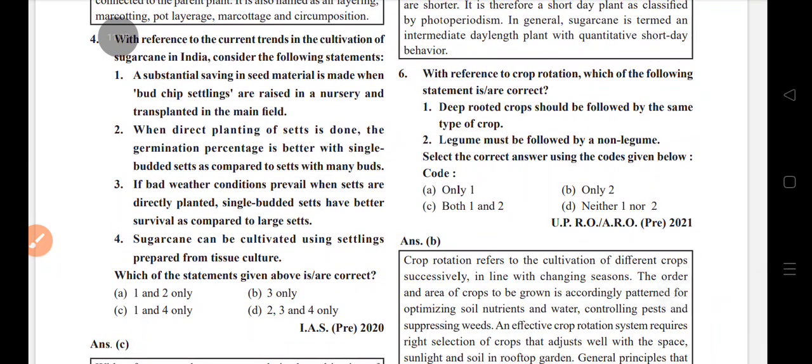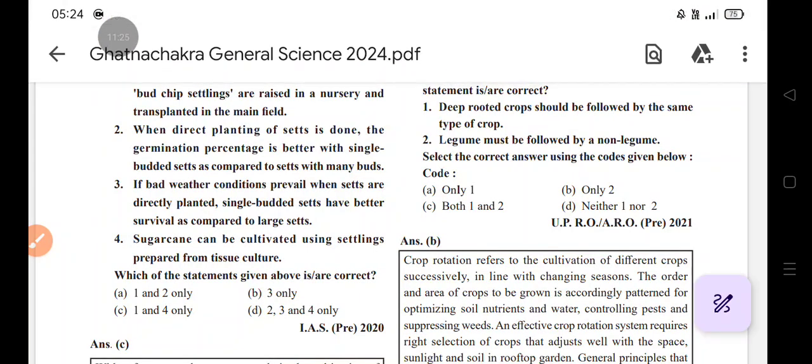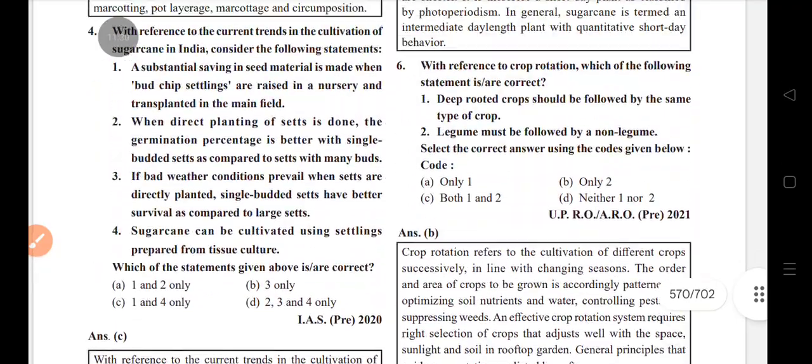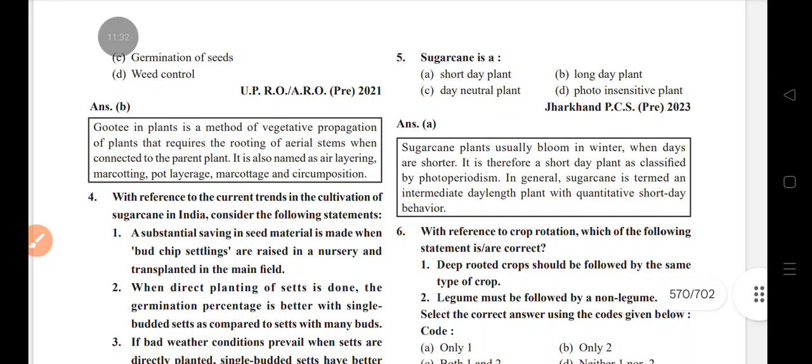Cultivation of sugarcane in India. Consider the following statements, true or correct. A substantial saving in seed material is made when bud chip seedling is raised in a nursery and transplanted in the main field. Sugarcane can be cultivated using seedling prepared from tissue culture. Sugarcane is a short day plant.